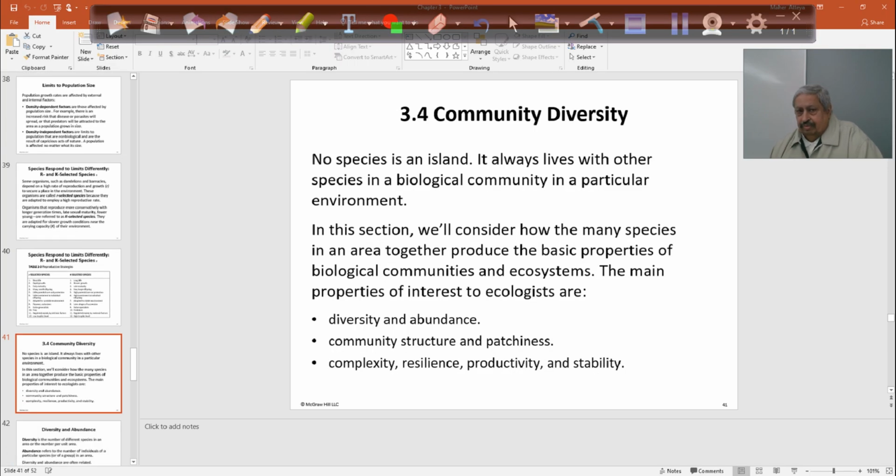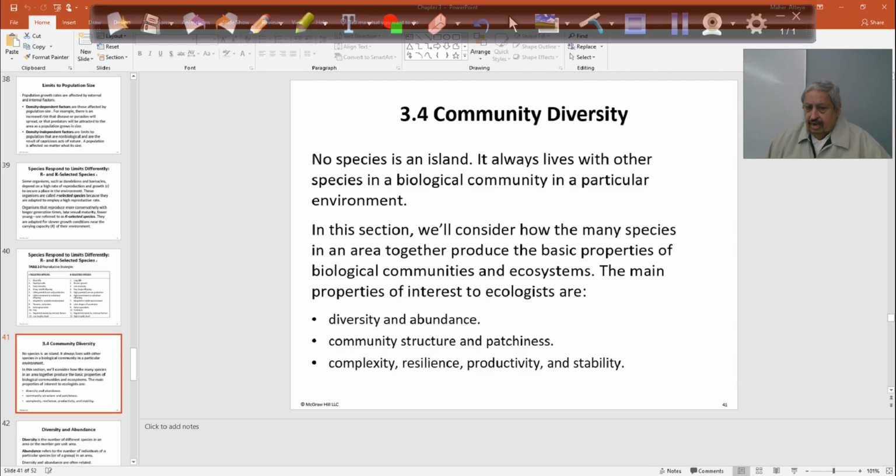Community diversity. No species is an island. Of course, you know that diversity is very, very important for the environment to survive. It has to be diverse. It can't be just one type of species living in one community. So in order for the community to survive, it has to be diverse.